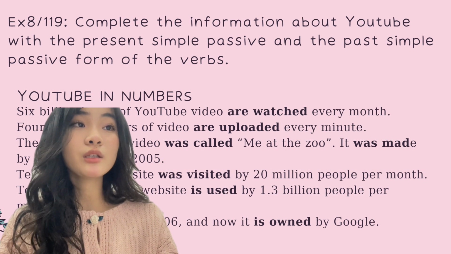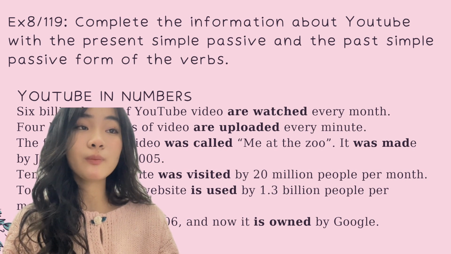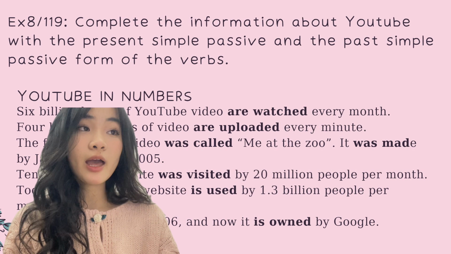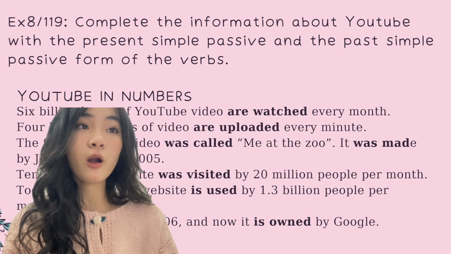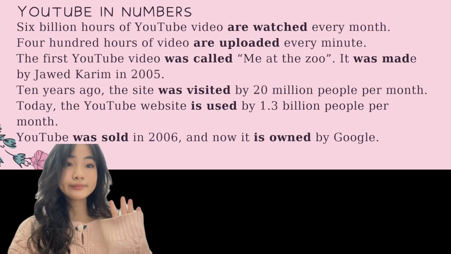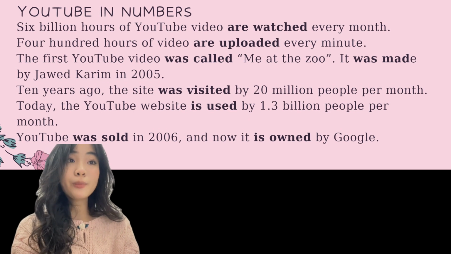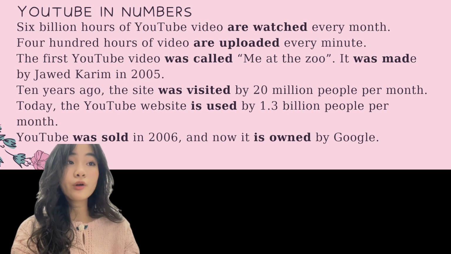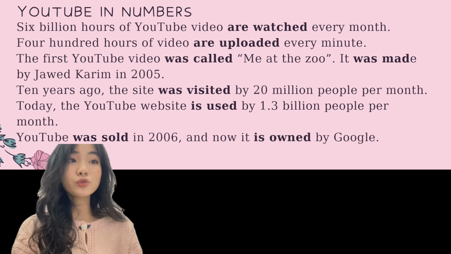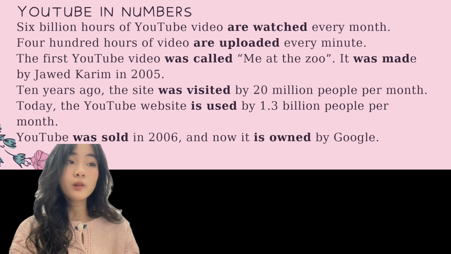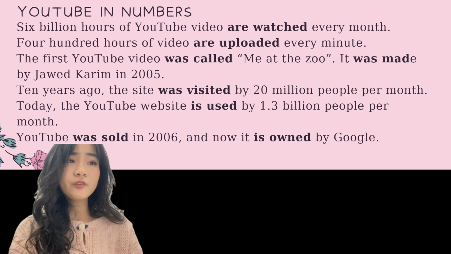Exercise 8, page 119. Complete the information about YouTube with the present simple passive and the past simple passive of the words. YouTube in numbers. 6 billion hours of YouTube video are watched every month. 400 hours of video are uploaded every minute. The first YouTube video was called Me at the Zoo.